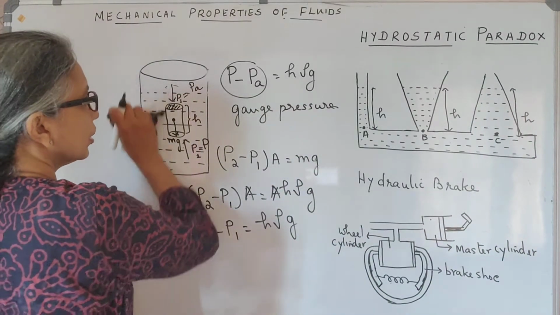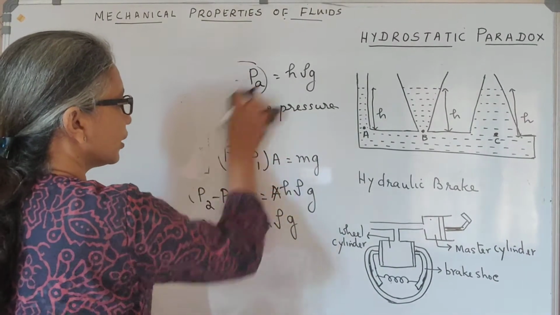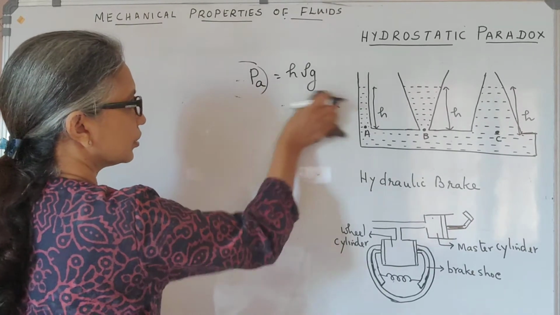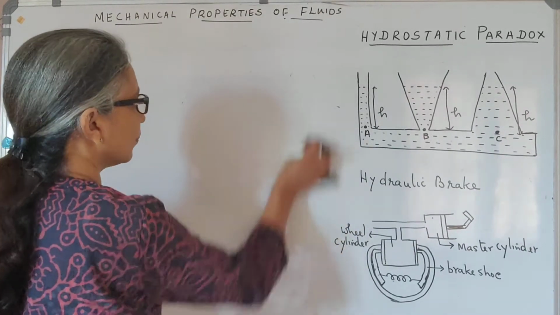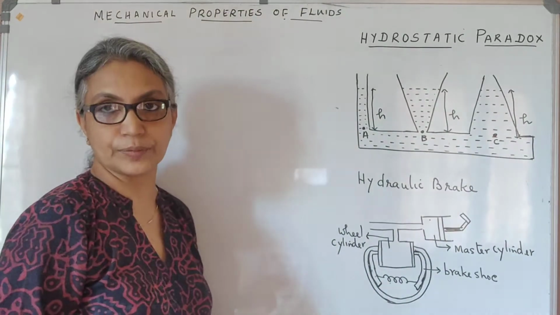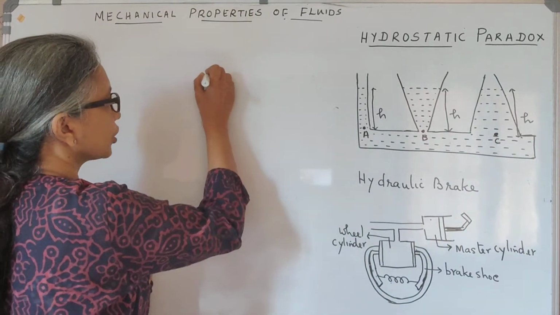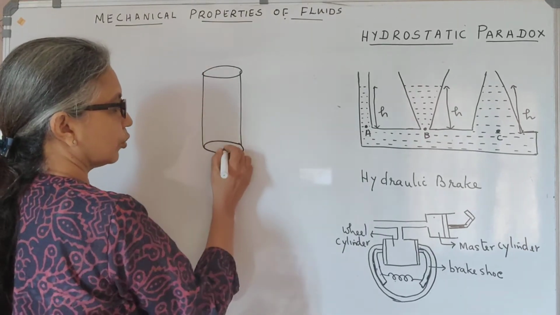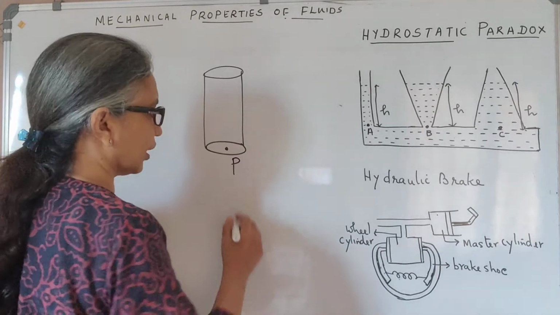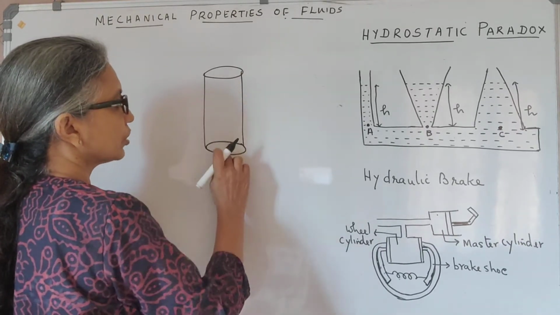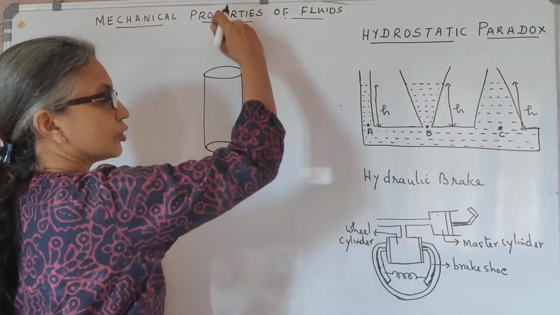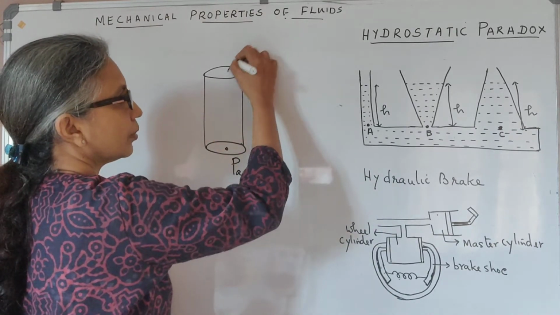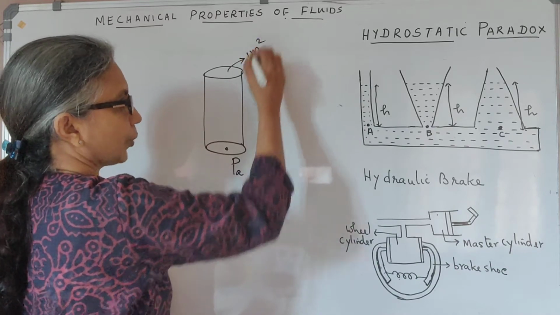Now, atmospheric pressure is the pressure exerted by the air at some point. Suppose you take a cylindrical column of air up to the top of the atmosphere, whose base area is 1 meter square.